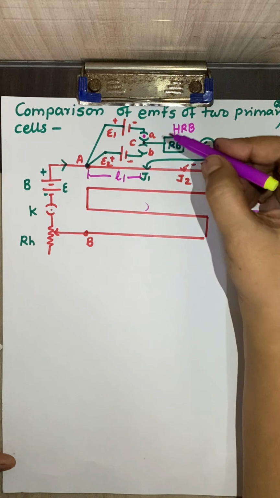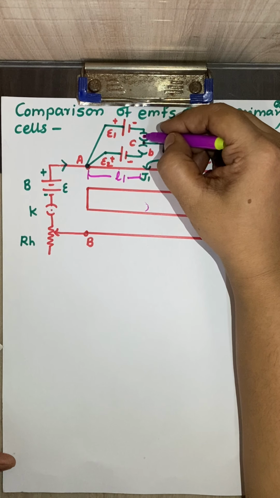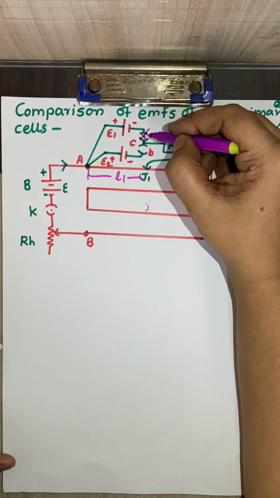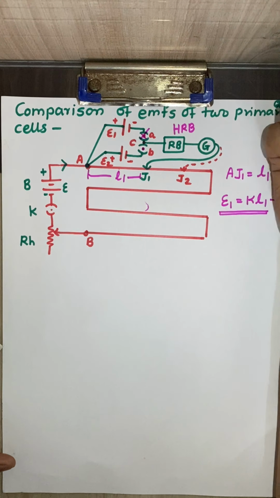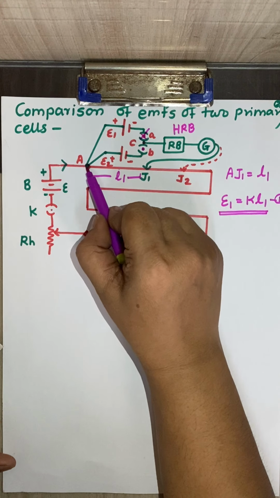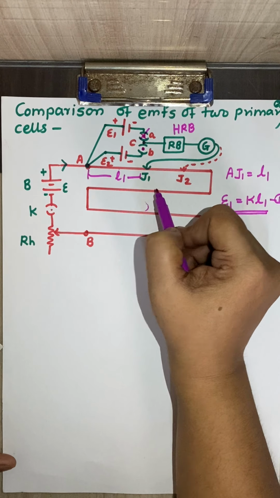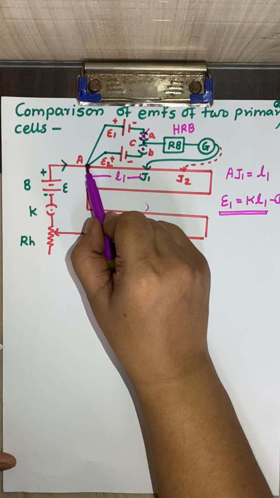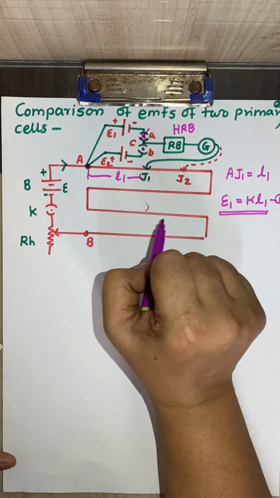Now we will remove this key between A and C, and the key is plugged in to the second cell. Now the first cell is removed from the circuit and the second cell is introduced. Again we trace the jockey from A towards the higher length side of the wire.